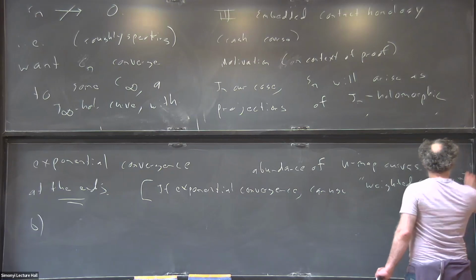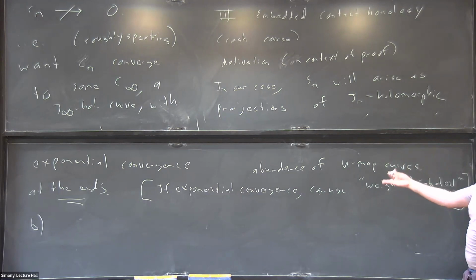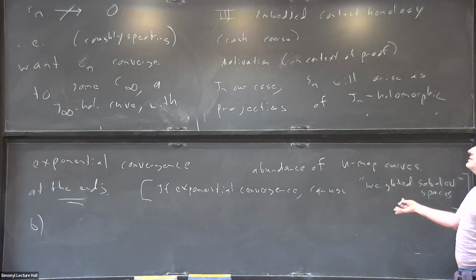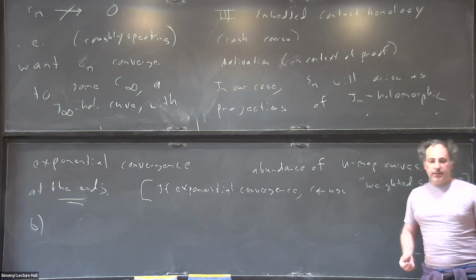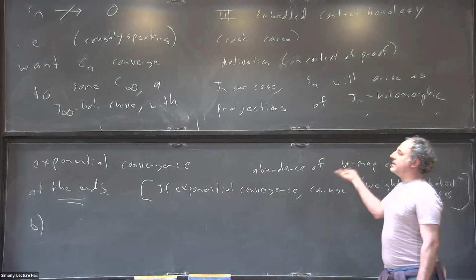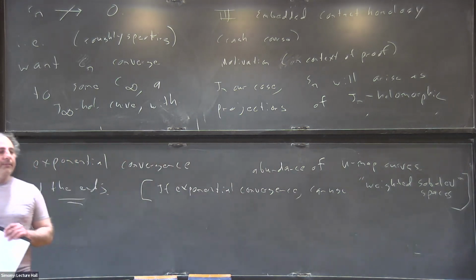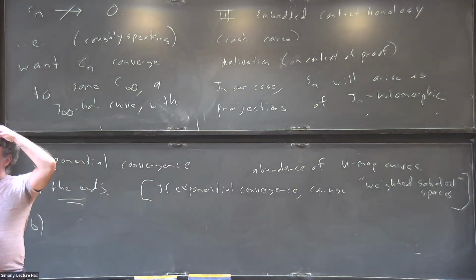Roughly speaking, it's not quite right, but if you had exponential convergence, you can use these weighted Sobolev spaces, and then it is going to be like a Fredholm problem, and you can pretend more or less that you are in the non-degenerate situation. This weighted Sobolev space stuff is also well known, also due to HWZ. Okay, so are there any questions about that?